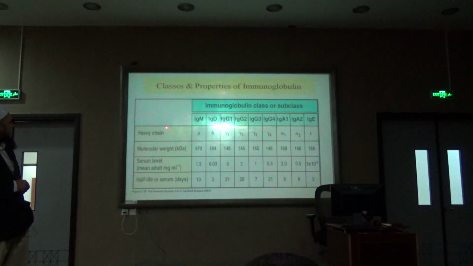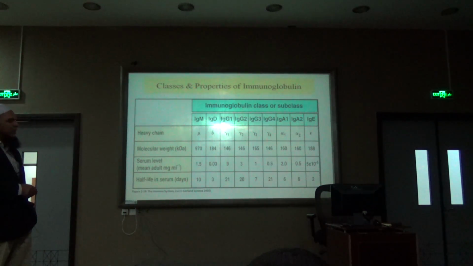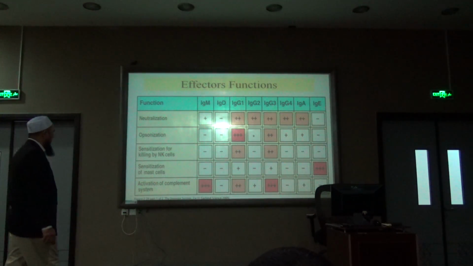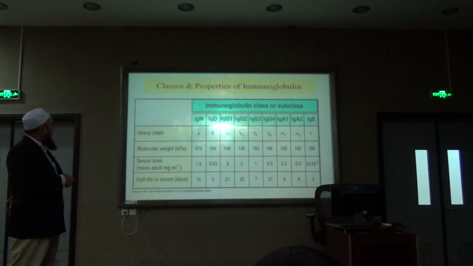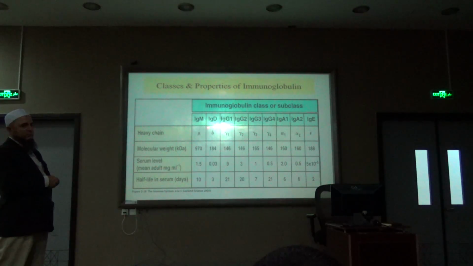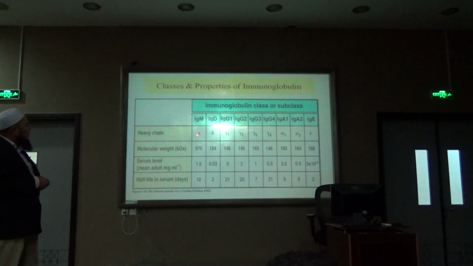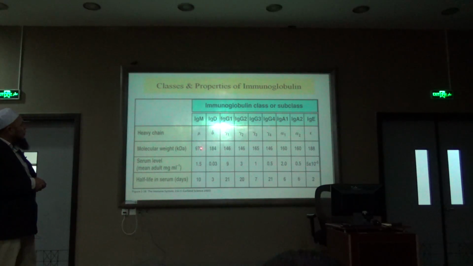These are the heavy chains, with molecular weight, serum level, and half-life. Now, a few important things. Here you can see IgM, mu chains, molecular weight 970, serum level 1.5 milligram per ml, and half-life 10 days. IgD, delta chain, 184.03 and 3 days.